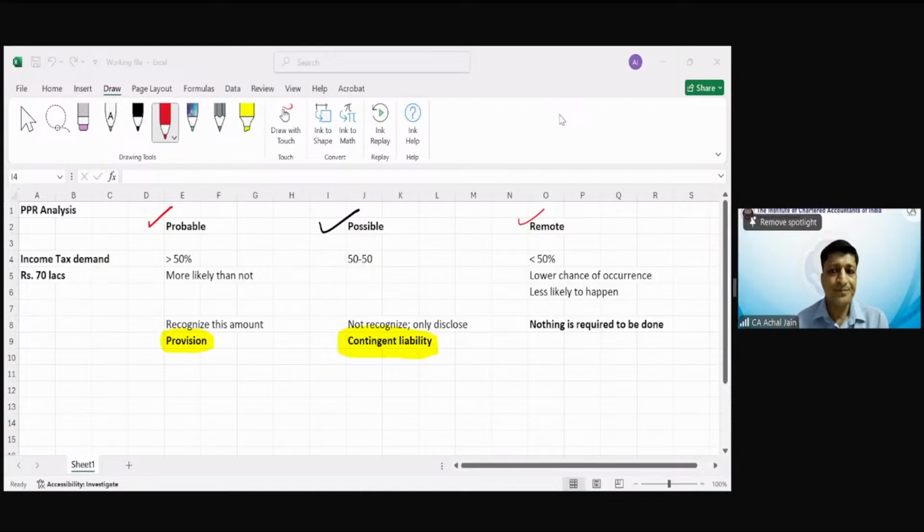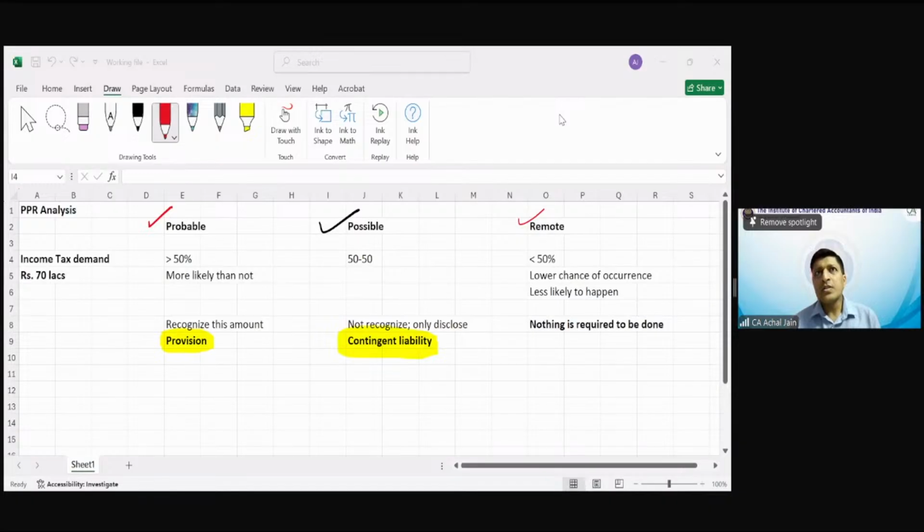Sir, my question is, the income tax demand of 70 lakh, is this the possibility only for 70 lakhs, or could it be less or more also? See, as of now, we are looking at only one matter, and this matter requires an amount of 70 lakhs.